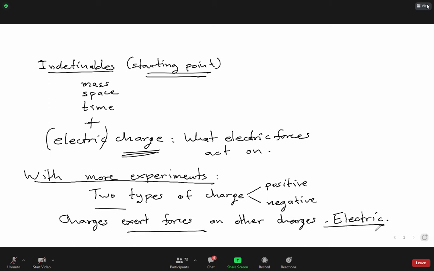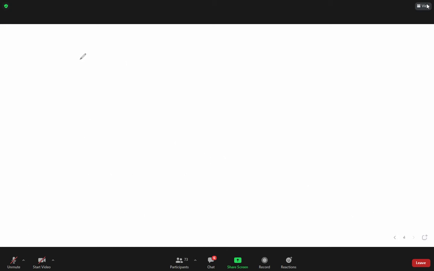The easiest place to start describing this force is what's known as Coulomb's law. And of course, just like any other law, it's an experimental fact. There is no way I would have known that unless I did the experiment, right?